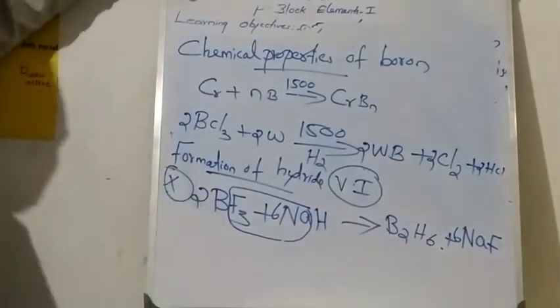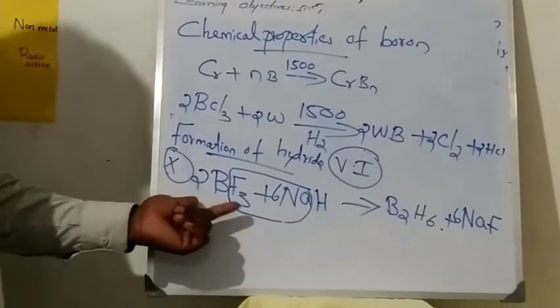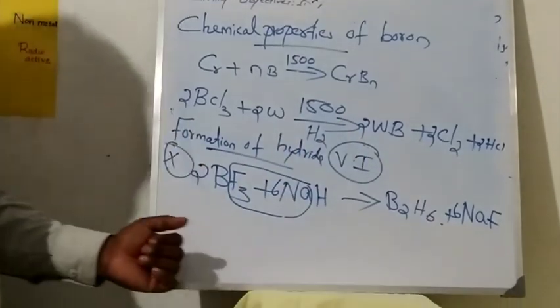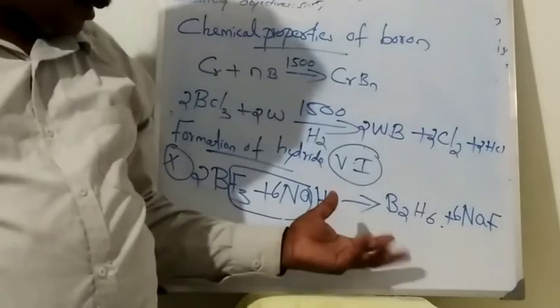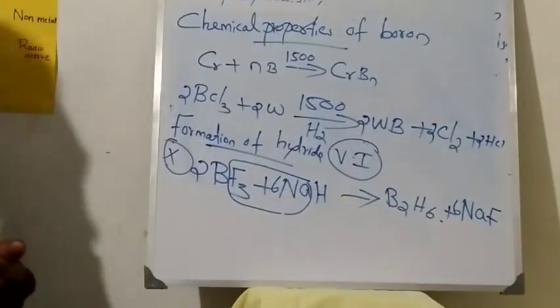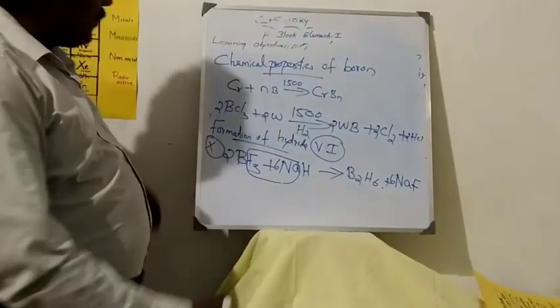Please all of you take down this question: from boron trifluoride, how will you prepare diborane, B2H6? And you must also write the temperature, 450 Kelvin.